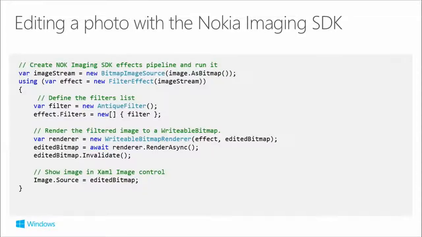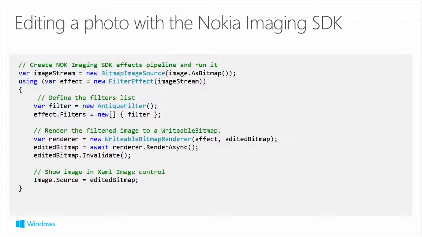So editing a photo with the Nokia Imaging SDK is pretty simple. We take the image stream that we got from the image that we've pulled into our application, and we just create a new filter effect, handing it that image stream, and then we can define any of the filters that they have available.